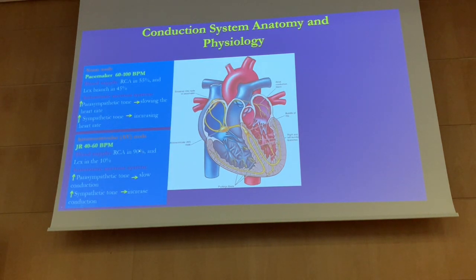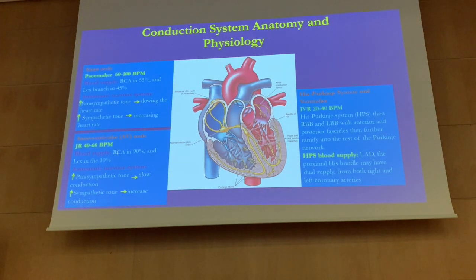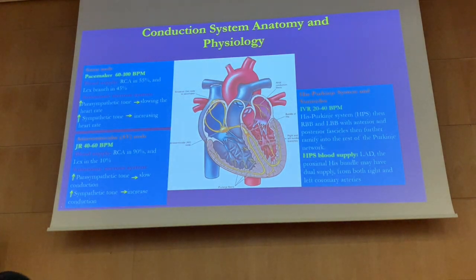That's why right coronary inferior MI is important. Why? Because we know the right coronary supplies the AV node and supplies the sinus node. Okay, and the Purkinje fiber, which we can call this one, this is left and this is right, is supplied also by the RCA and sometimes by the LAD.